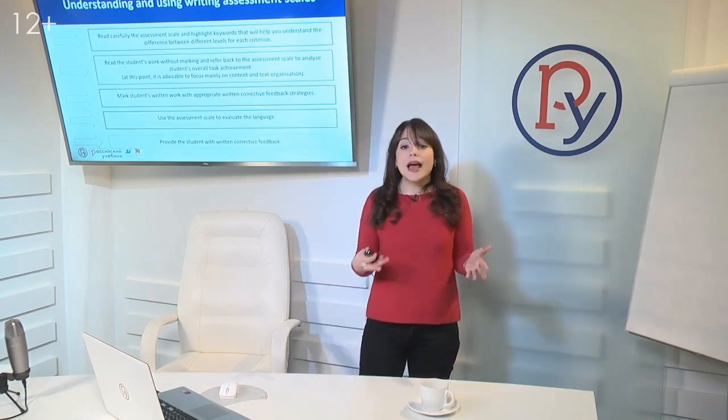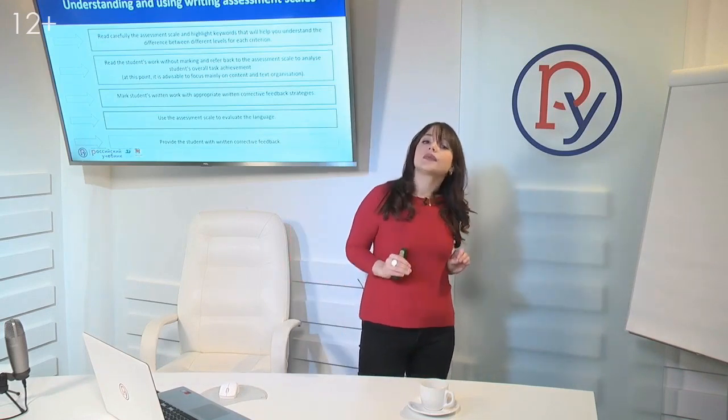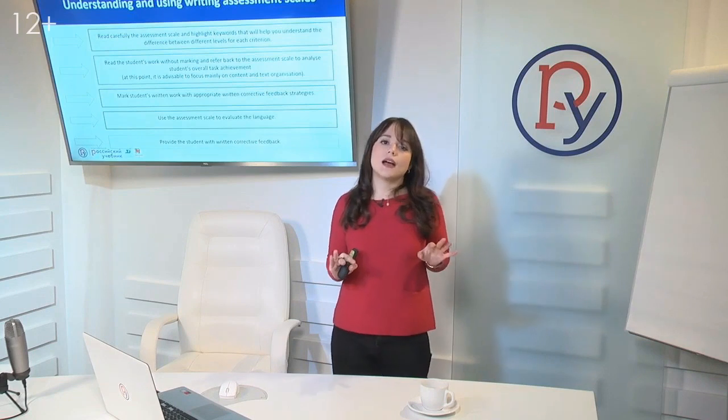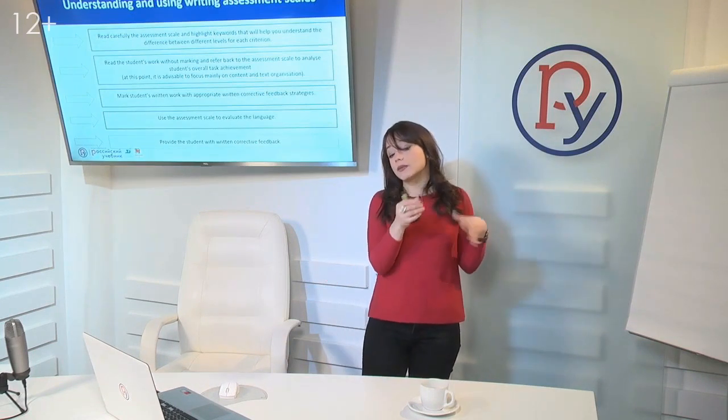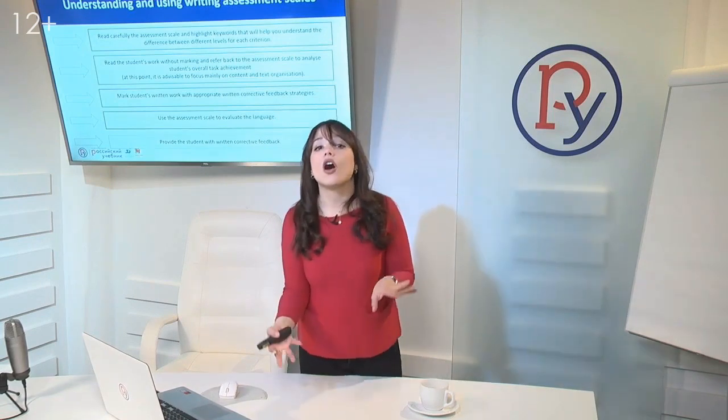So then, after we've made up our mind in terms of how successful this performance is in terms of its content, we can start working with the language, and we can start marking our student work by using different error correction strategies that we talked about in videos 1, 2, and 3 in this module.